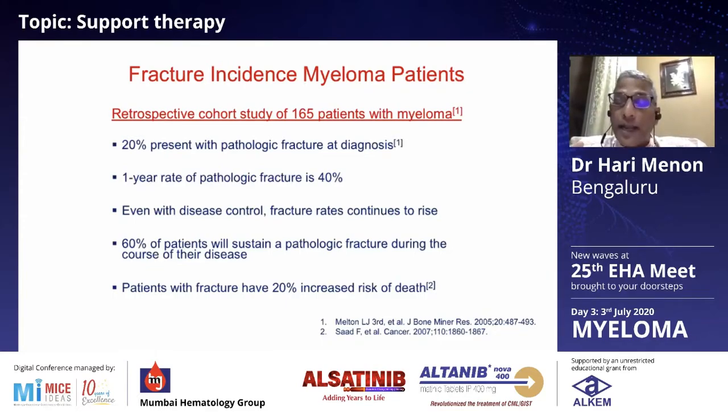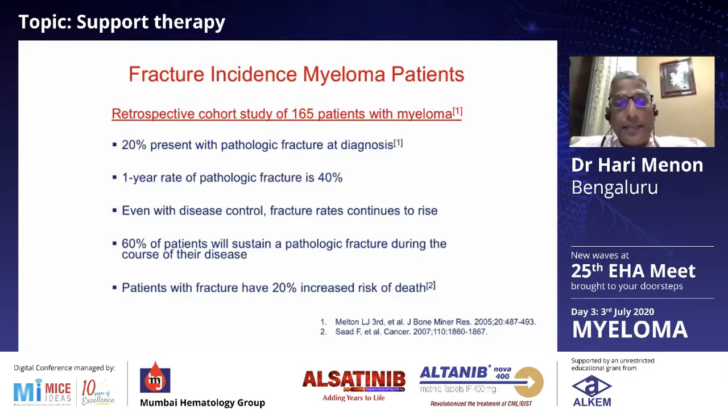And even while having disease control, it was an ongoing process, and fracture rates continue to rise in myeloma patients. And 60% of the patients would sustain a pathological fracture during the course of the disease. And patients with a fracture have a 20% increased risk of death by virtue of any skeletal-related event that happens.